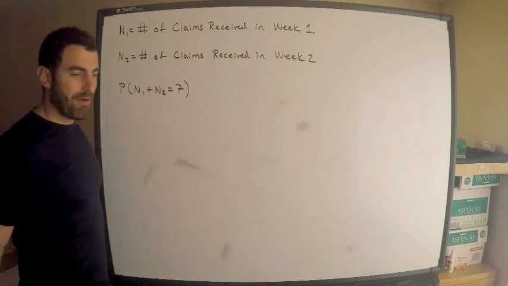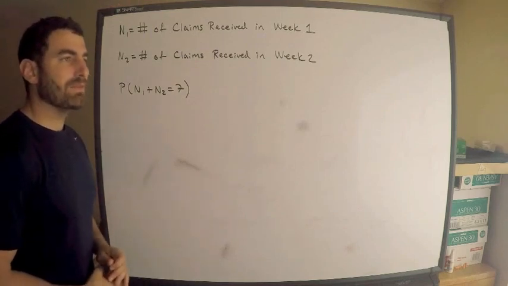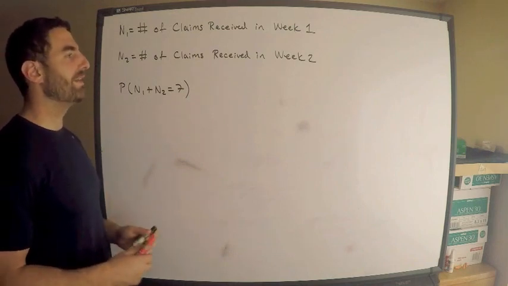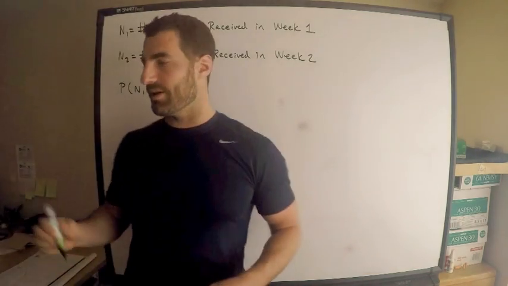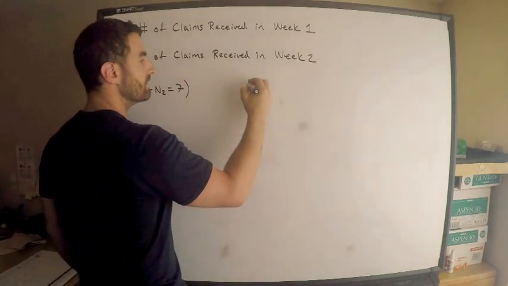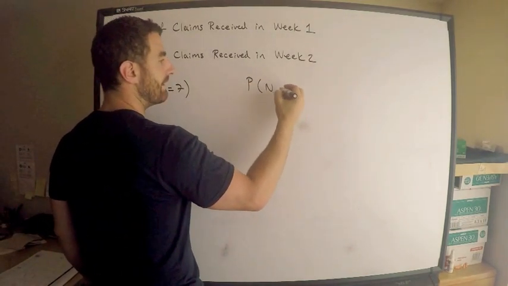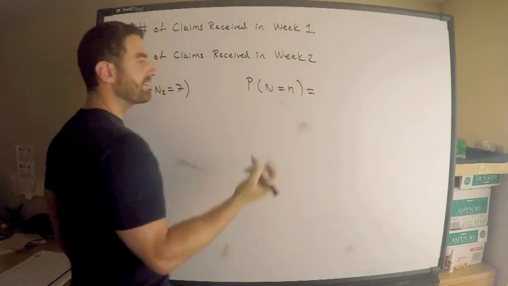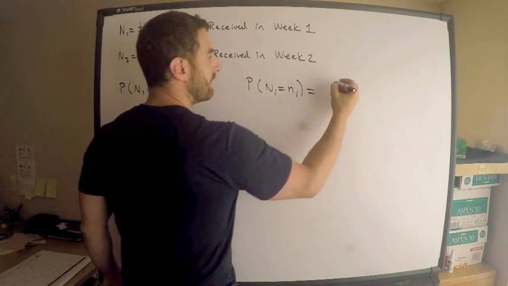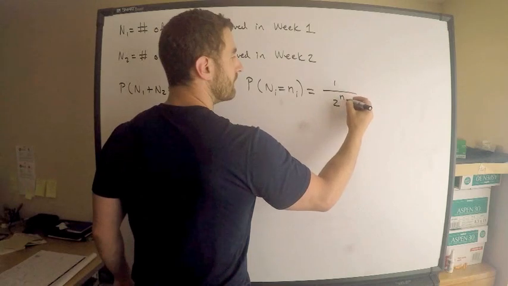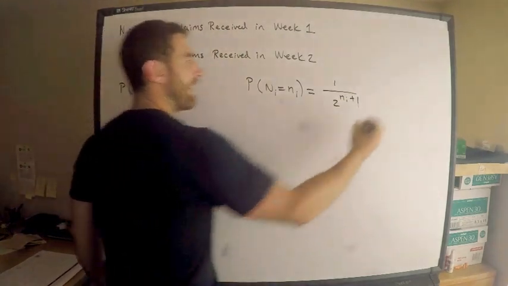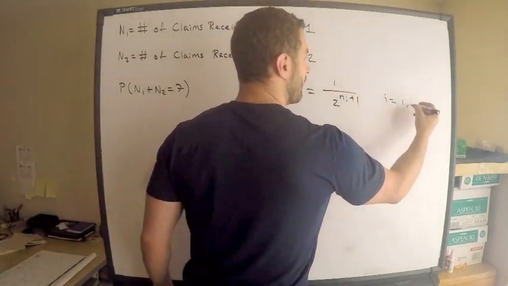And they want me to find the probability that the number of claims in the first 2 weeks is exactly 7. They actually do give me the PMF, the probability mass function, which is the probability that N_i is equal to little n_i, which is 1 over 2 to the n_i plus 1, where i is equal to 1 or 2.